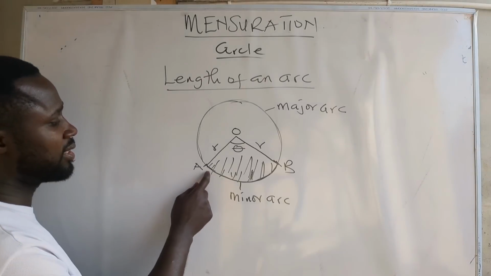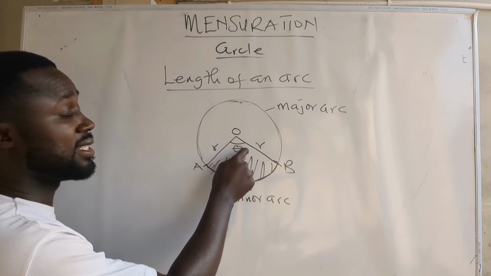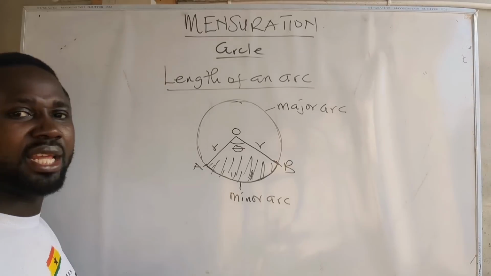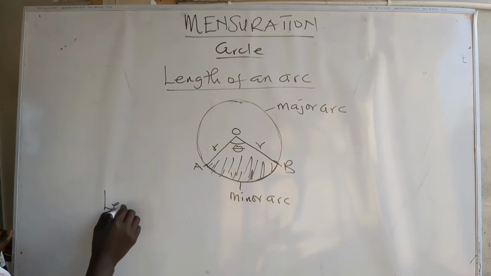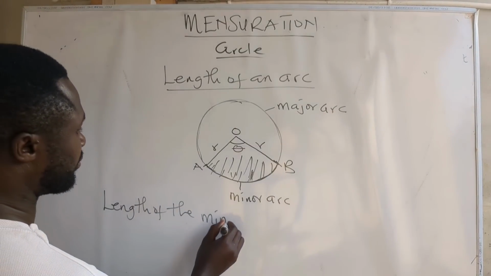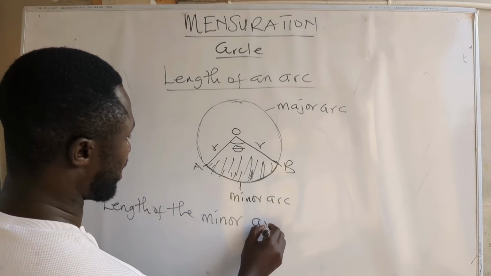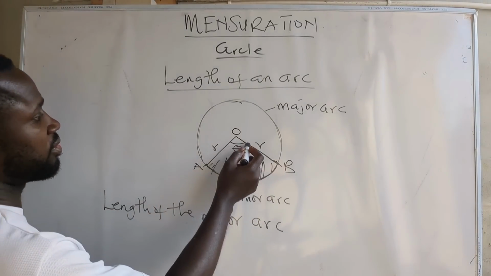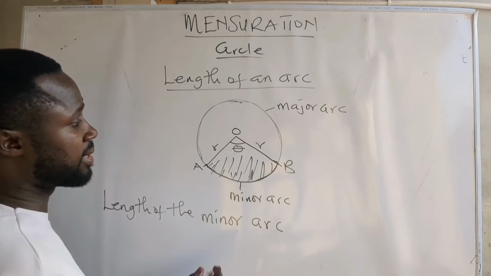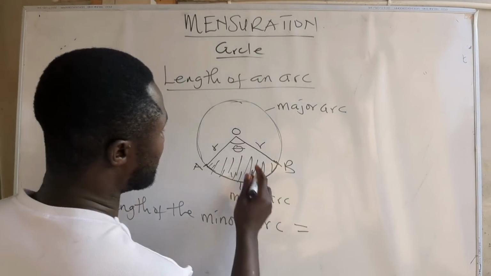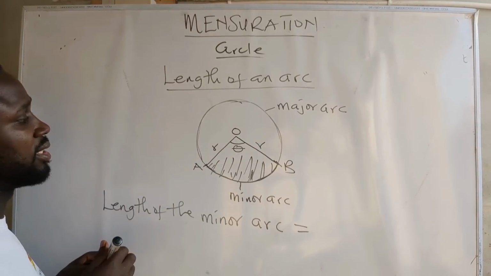So let's say the angle this particular arc subtends at the center is theta. If it is theta, then what will be the length of the minor arc? Since the length of the arc is proportional to the angle it subtends at the center of the circle, then the arc doesn't take the full circle, it takes a portion of the angle at the center.